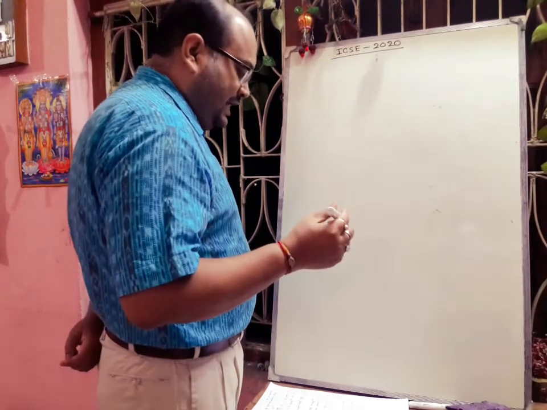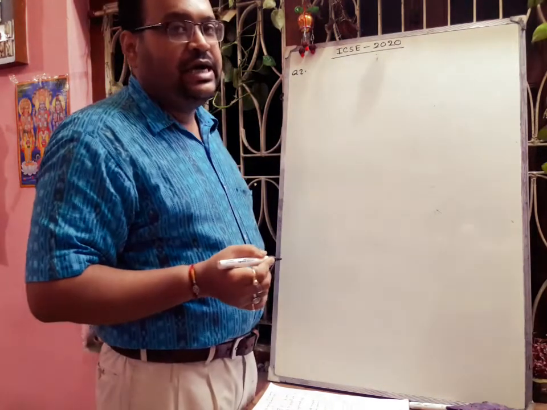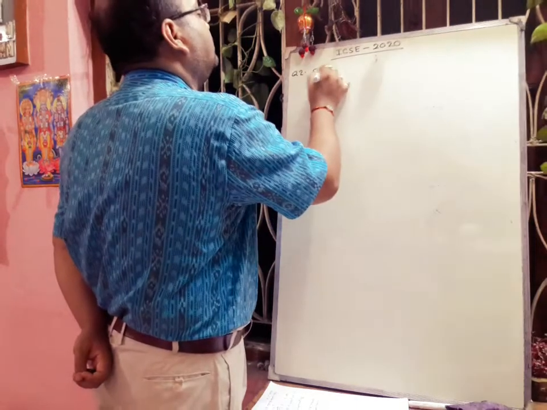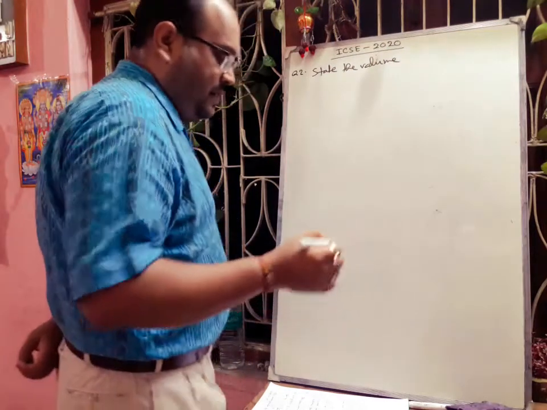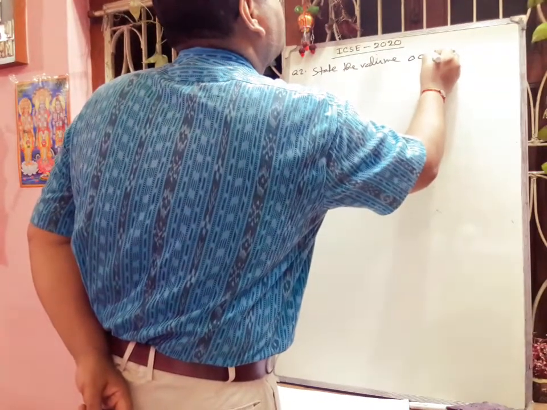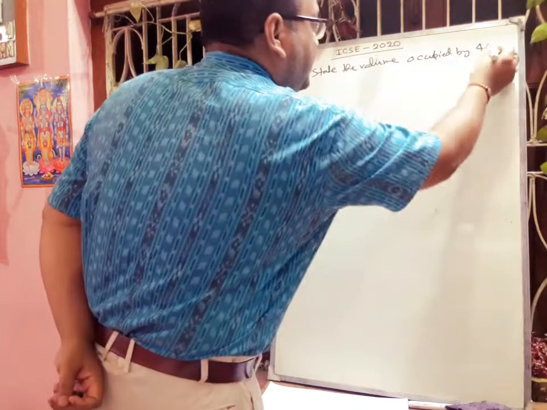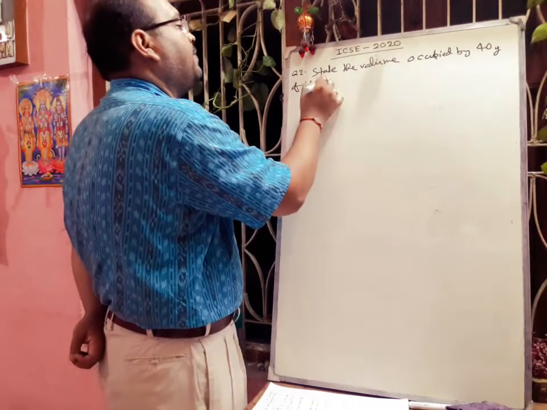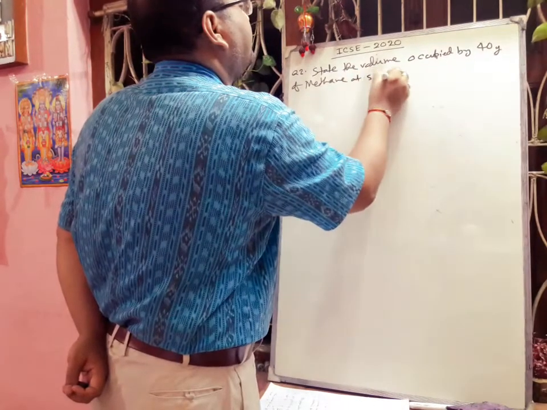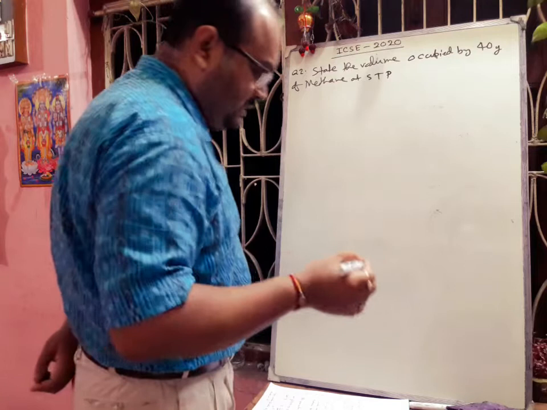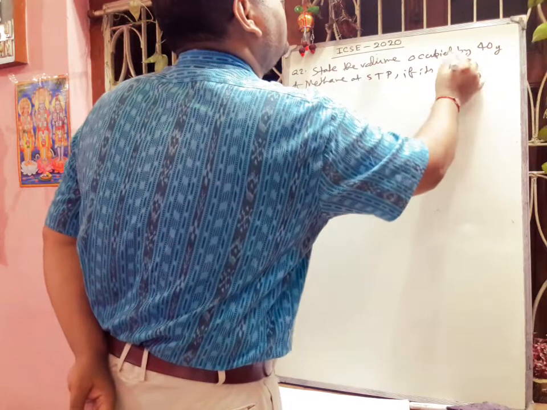Next question, question number 2 of the same year, ICSE 2020: state the volume occupied by 40 gram of methane at STP if its vapor density is 8.